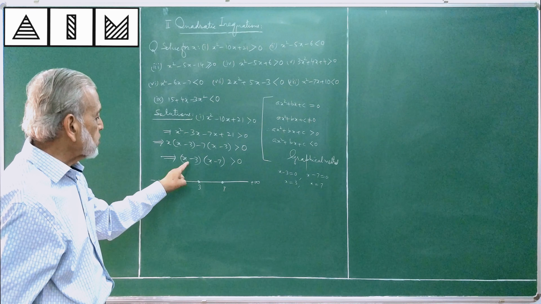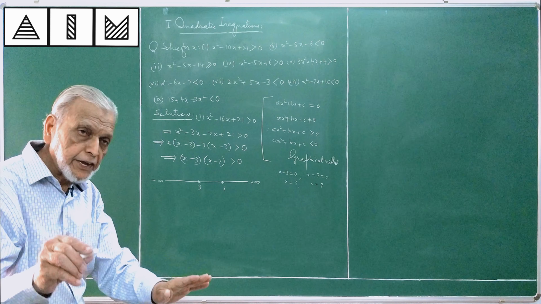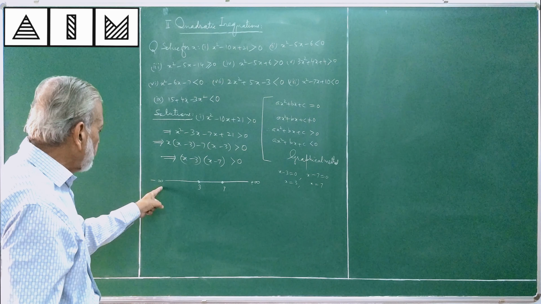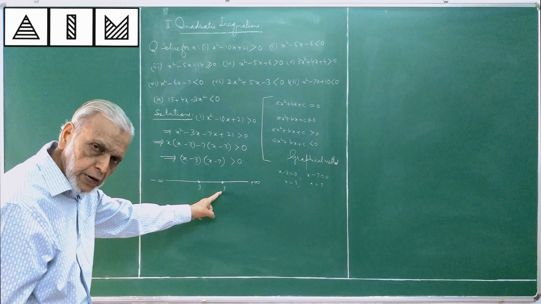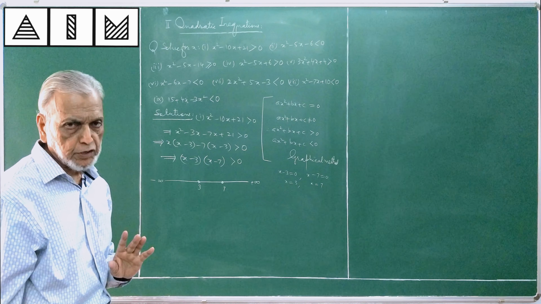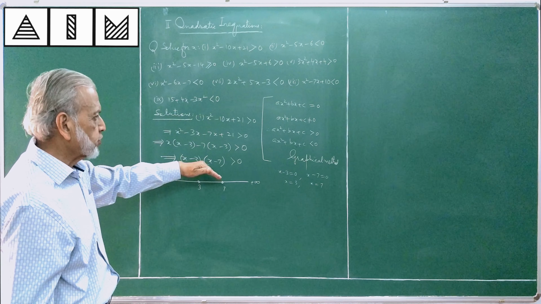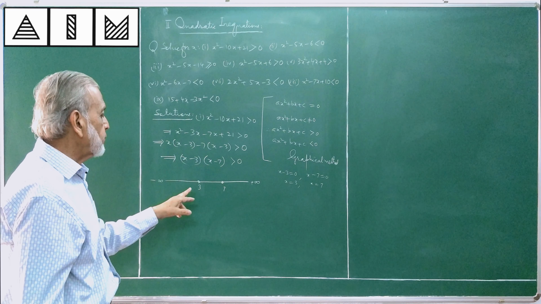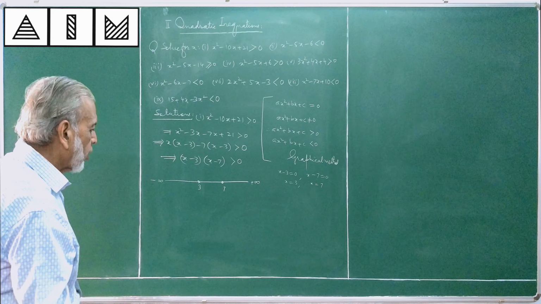The values of x are marked on a number line, creating intervals for you. Minus infinity to 3, one interval, 3 to 7, another interval, 7 to infinity, the last interval. So after solving the inequation, factorization gives you values of x to be marked on the number line and intervals are to be mentioned now.